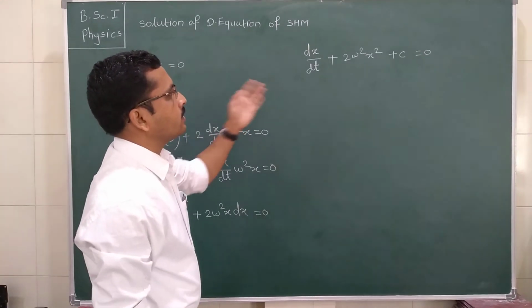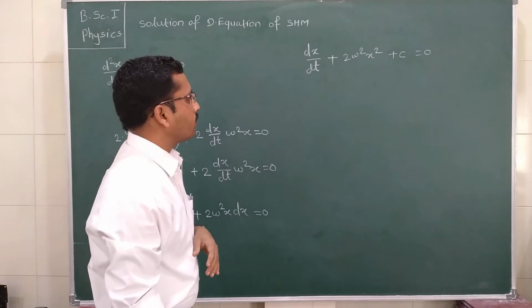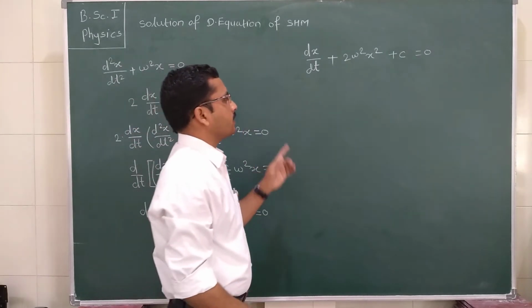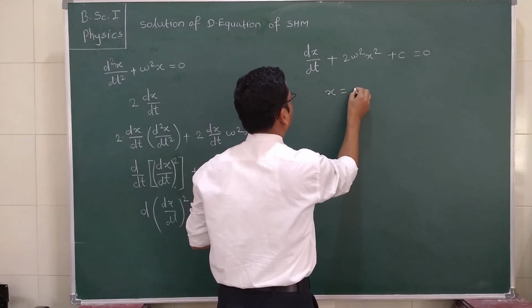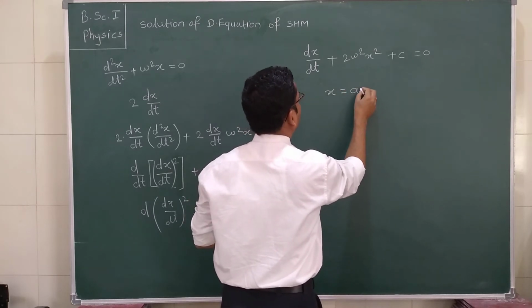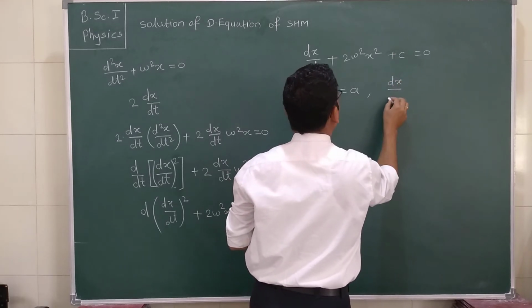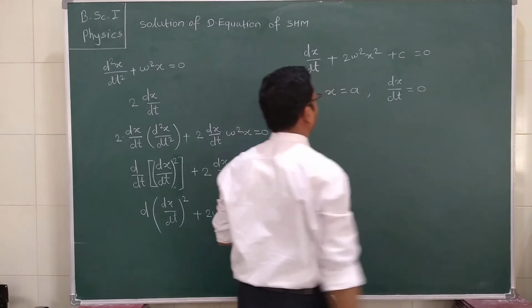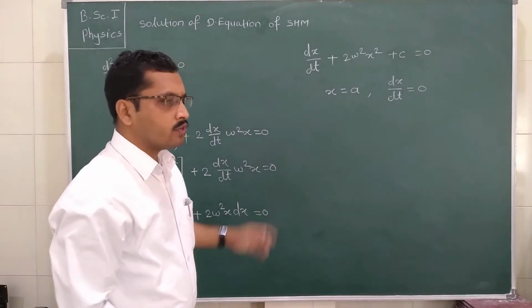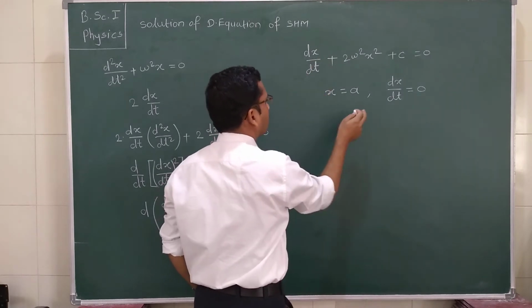So what happened? After the integration of this equation we apply a boundary condition. And what is the boundary condition? The boundary condition is that when x is equal to a, dx by dt is equal to 0. That is, velocity is equal to 0. So here we write dx by dt is equal to 0.